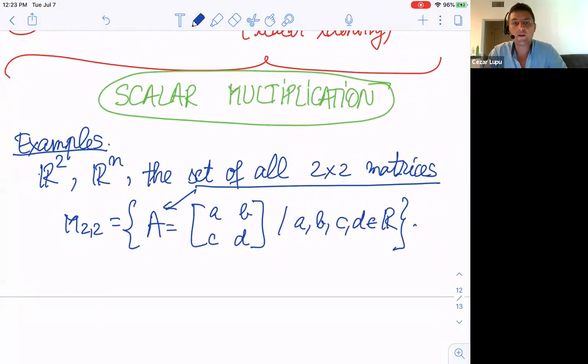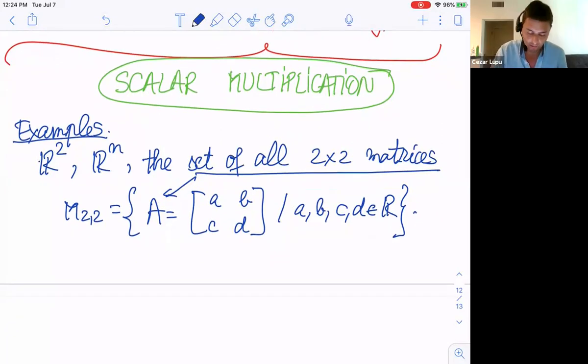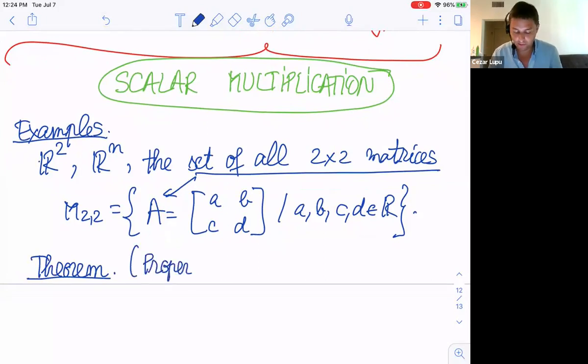Okay, so these are the classical examples of vector spaces, but there are some which are not vector spaces. Let me give you an example. But before I go into that, let me mention a very important theorem about properties of scalar multiplication.